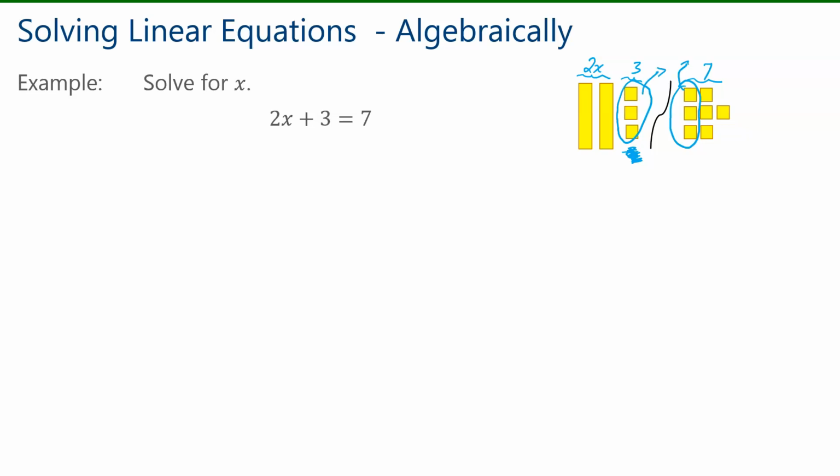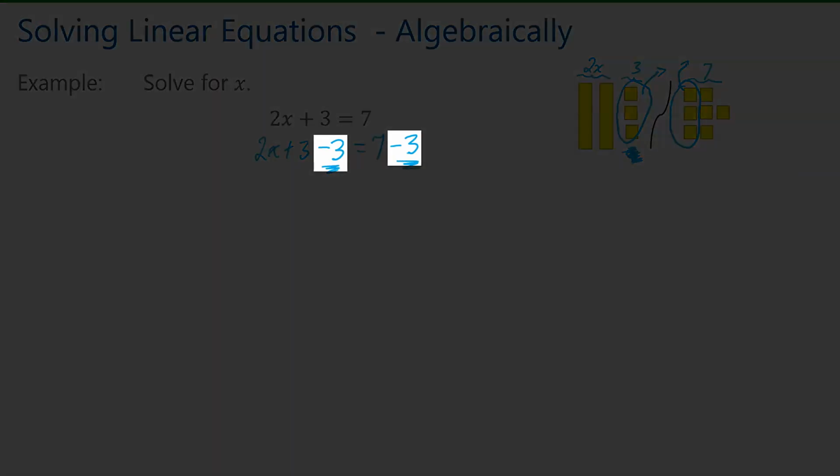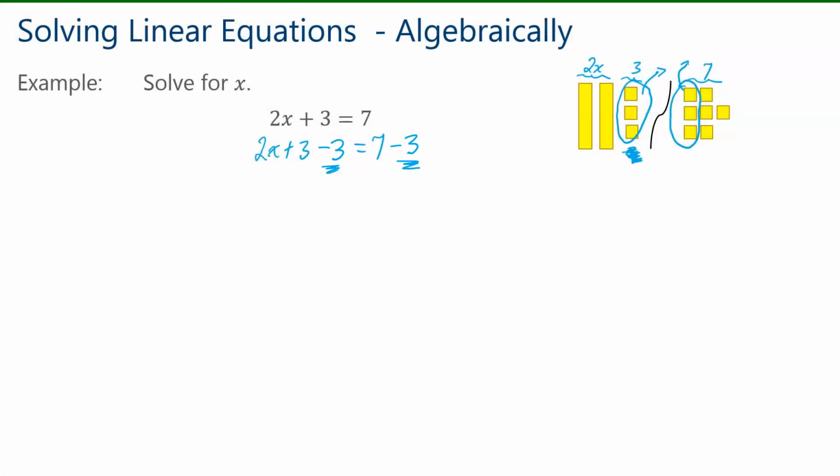Algebraically, we just translate that same idea into symbols. We have 2x plus 3, and what did we do first? We took away those 3 unit tiles, so subtract 3. And whatever I do to one side, I have to do to the other. So our first step in this process is to subtract 3 from both sides. When we go back to our algebra tiles, this then leaves us with our 2x, and now we have 4 unit tiles left on the right-hand side.